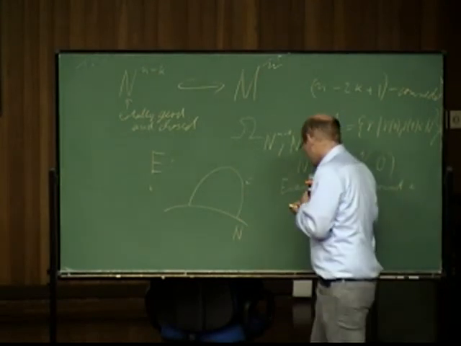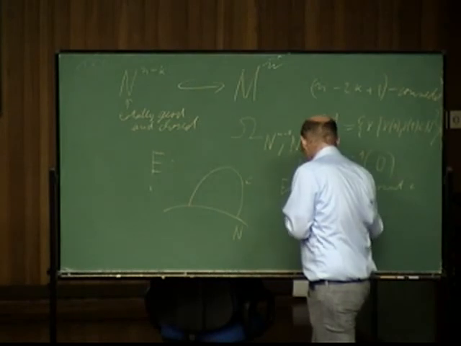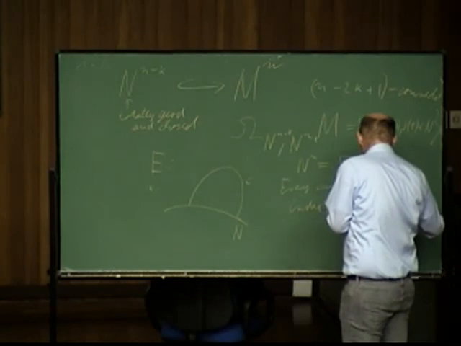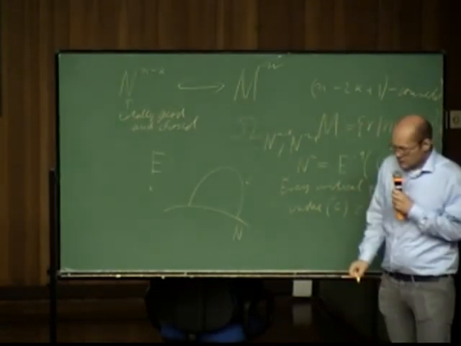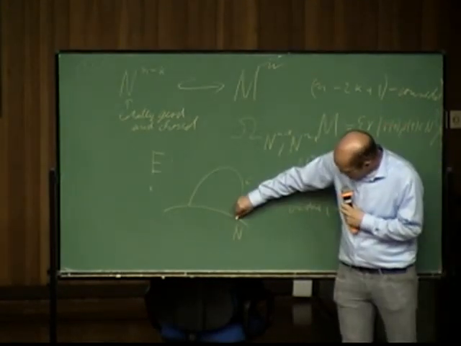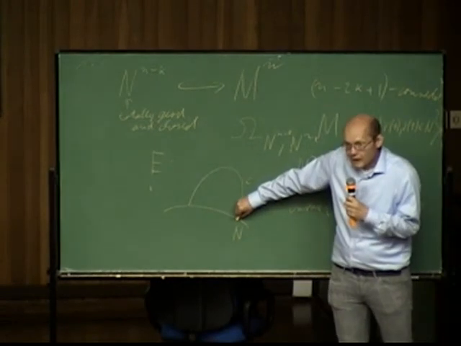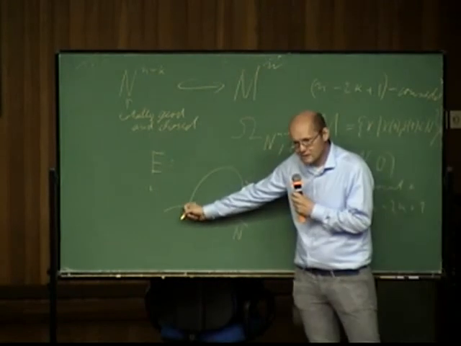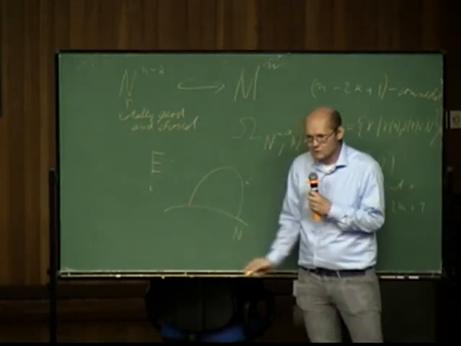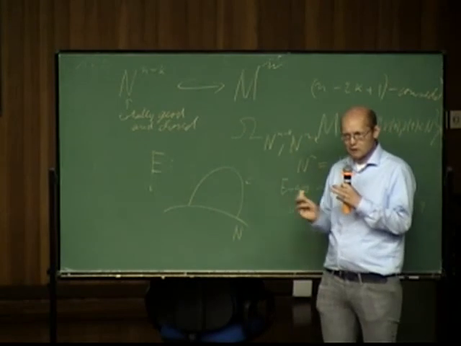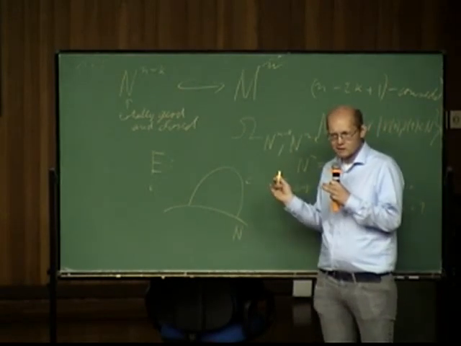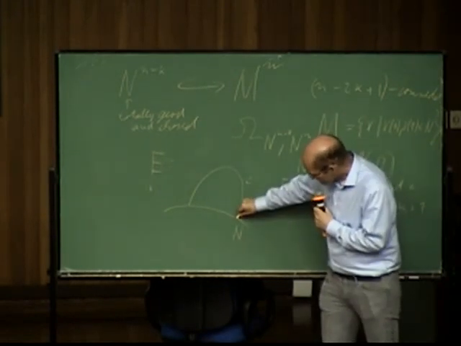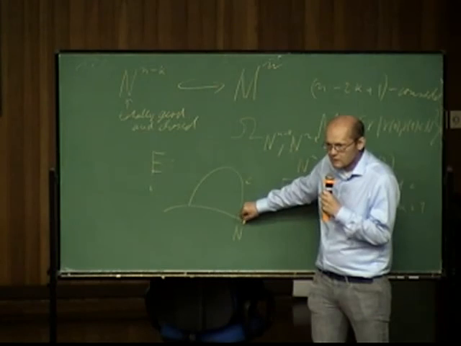And then you can show that the index of this critical point is at least n minus 2k plus 1. The way you show it is you compute the parallel vector fields that start and end tangentially to N, and that's purely linear algebra. That dimension is at least n minus 2k plus 1. Whenever you have a parallel vector field along a geodesic, if you vary along this vector field, the length gets shorter. Since this is totally geodesic, the parallel curves will still be in this path space.